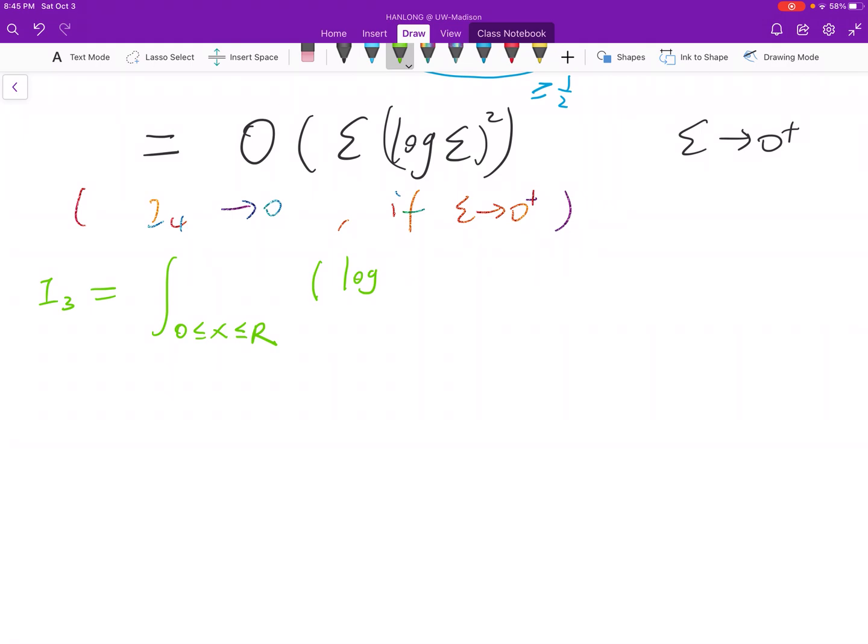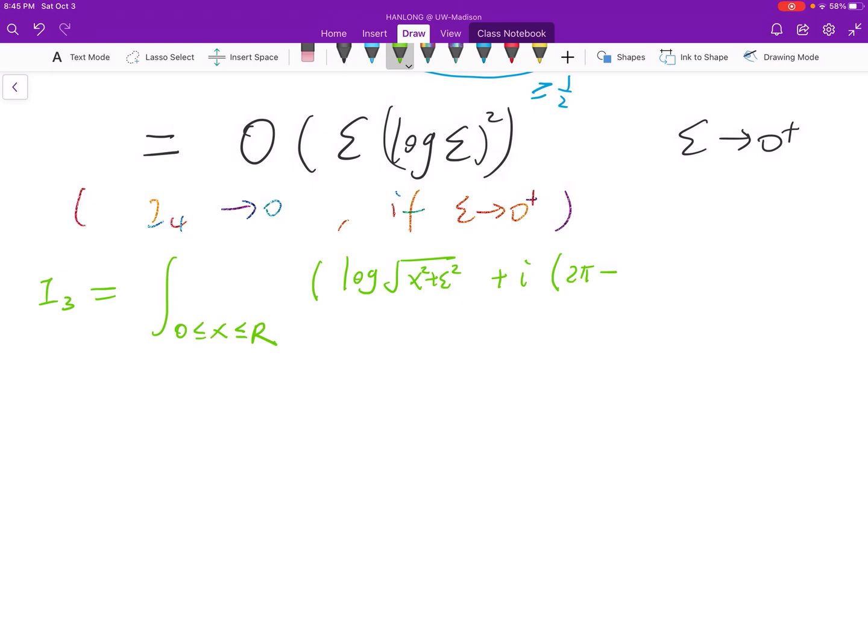You have log of the square root of x squared plus epsilon squared, plus i times 2 pi minus something, because I3 is a horizontal line in the fourth quadrant, so the angle is a little bit less than 2 pi.